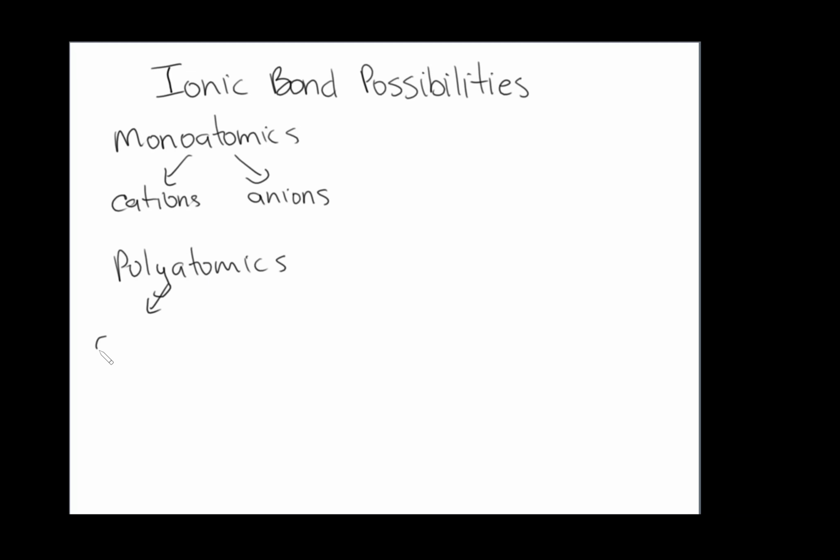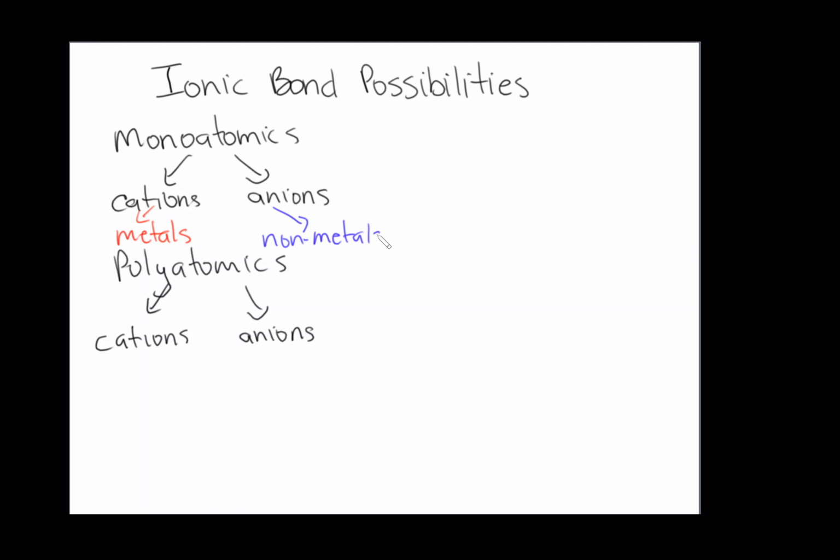I had monoatomics, and I had both cations and anions, and I had polyatomics, and I had both cations and anions, and I can get even a little bit more specific, and these cations were metals, and the anions were nonmetals.